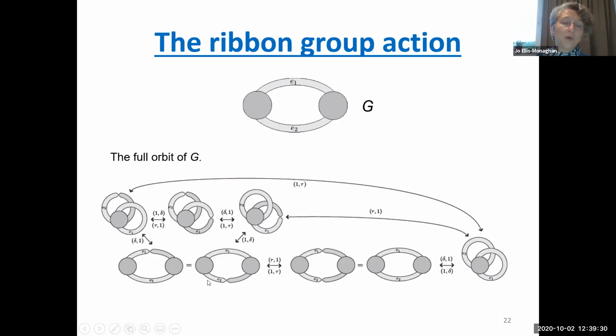Here's what you get if you twist one or the other edges. We've already seen that if you take the partial dual of one of the edges, you get this graph. You can twist one or the other of those loops, twist both of the loops. So these are all of the graphs that you get by taking any of those 6 elements to either of these two edges. All right.